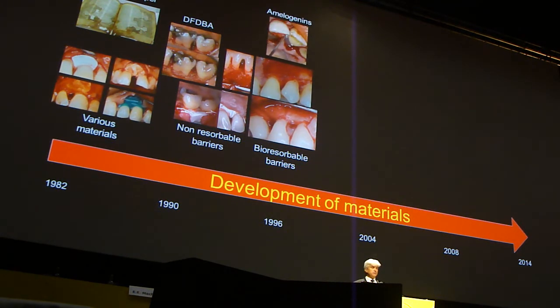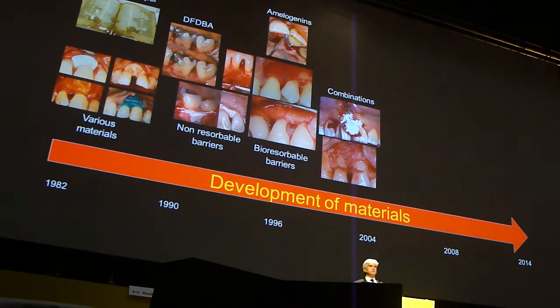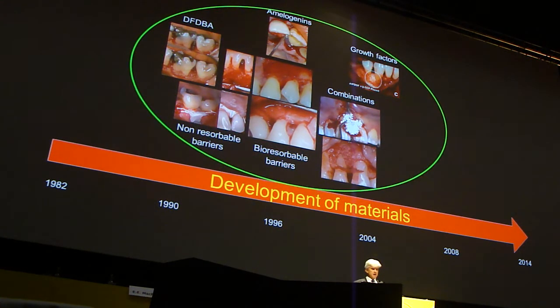Then amelogenins entered the stage. Then combination therapy was proposed. And lately, growth factors entered the stage. Not in Europe, but entered the stage. Today we are left with a handful of possible products for regeneration.